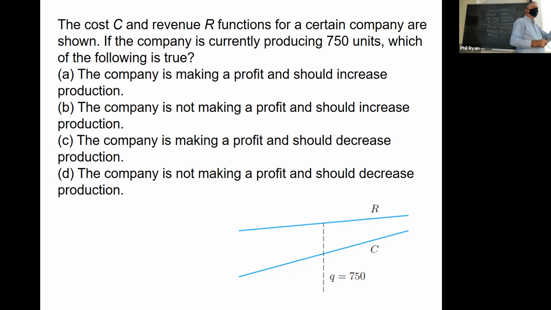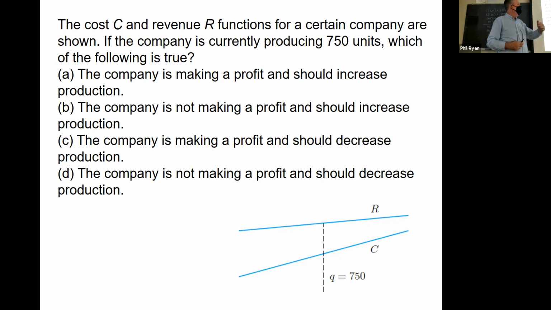And that's the slope. So if the slope of the revenue curve is steeper than the slope of the cost curve, then you should increase production because marginal revenue is greater than marginal cost, marginal profit is positive. So each time you increase your production, you're going to get extra profit.